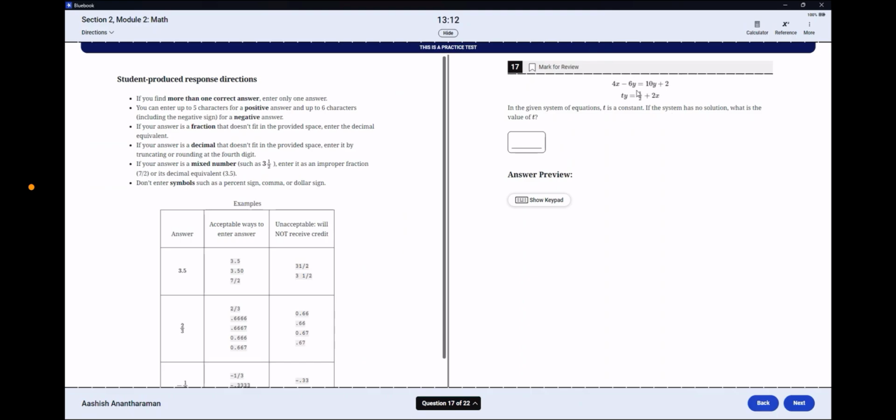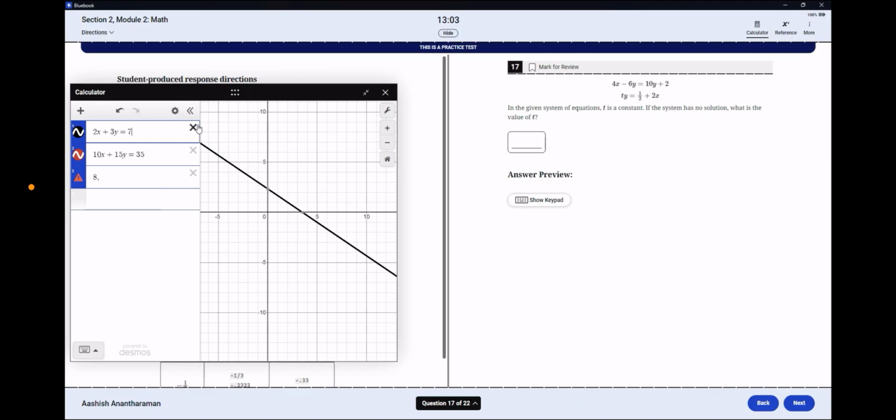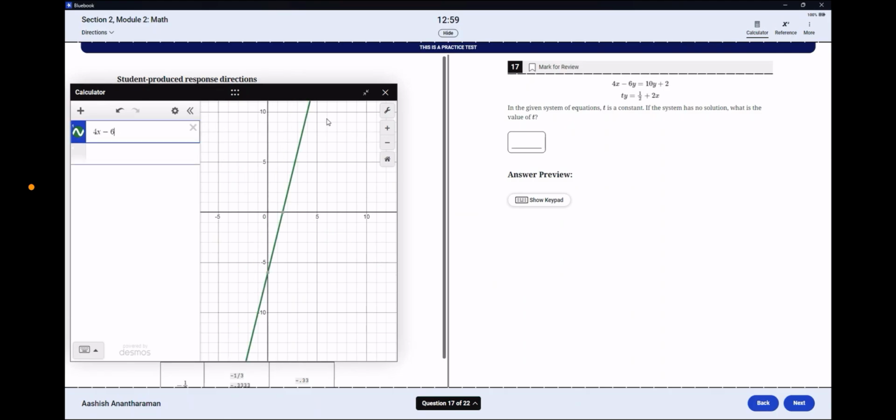The system has no solution. What's the value of t? Okay. So we're trying to find a value that makes this system have no solution. So what I'm going to do here is bring all the y's and x's to one side.